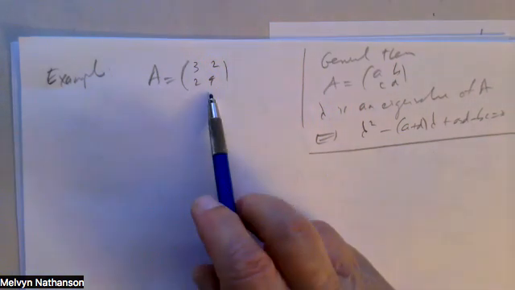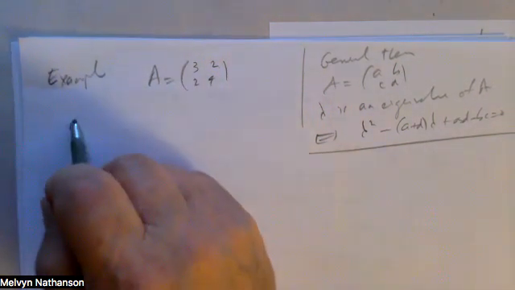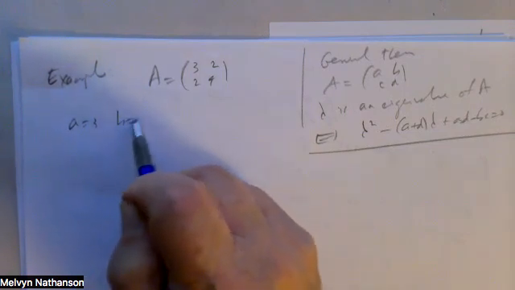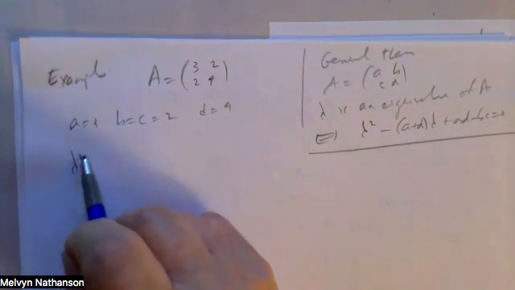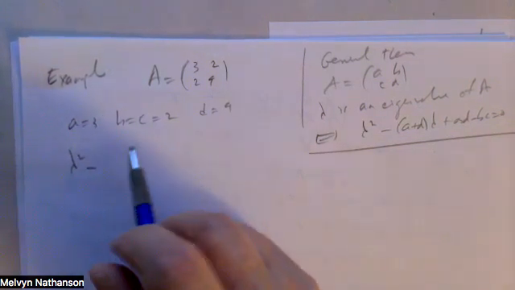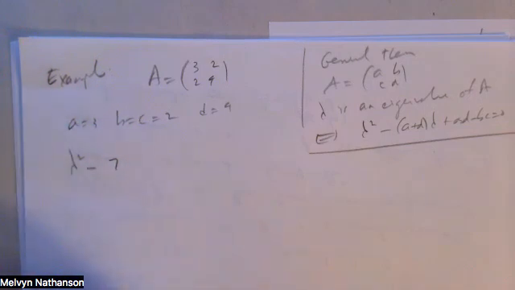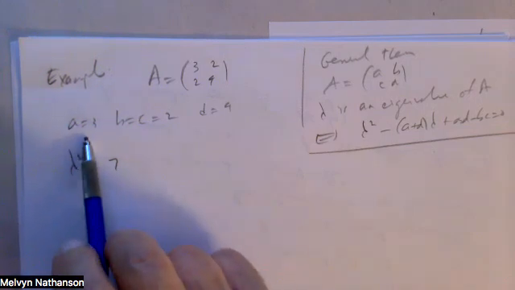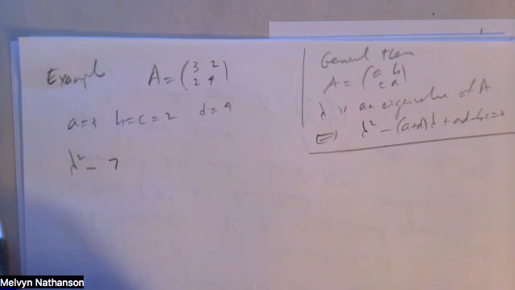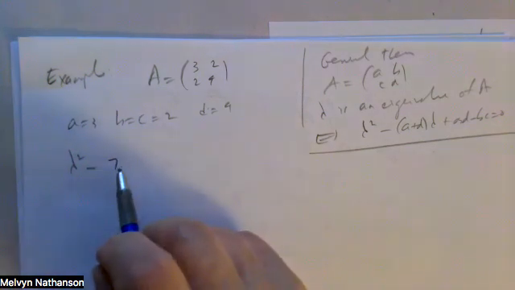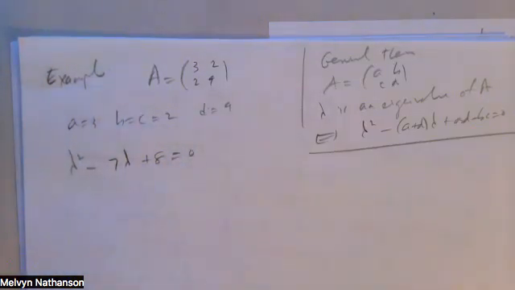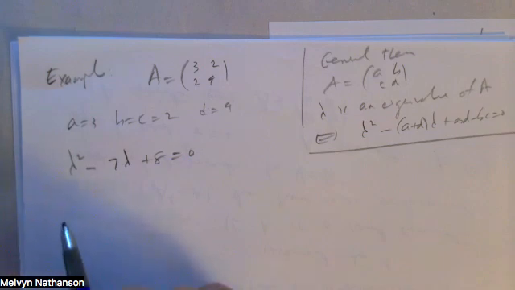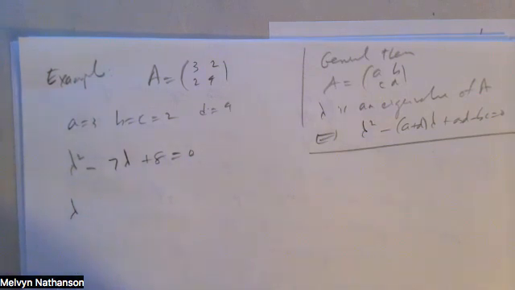So what is the quadratic equation in this case? Because in this case, a is 3, b and c are 2, and d is 4. So lambda squared minus 7 lambda plus ad minus bc, that's 12 minus 4, equals 0. So lambda is going to be a root of this quadratic equation, and we know the quadratic formula.